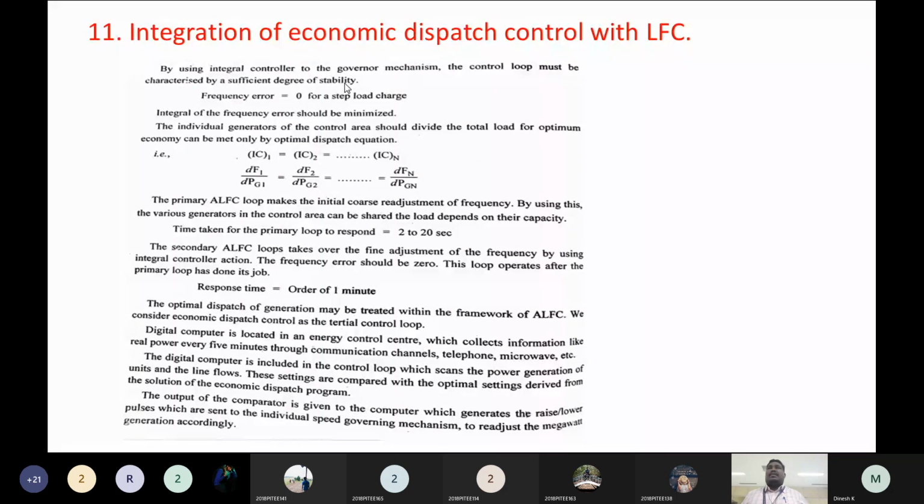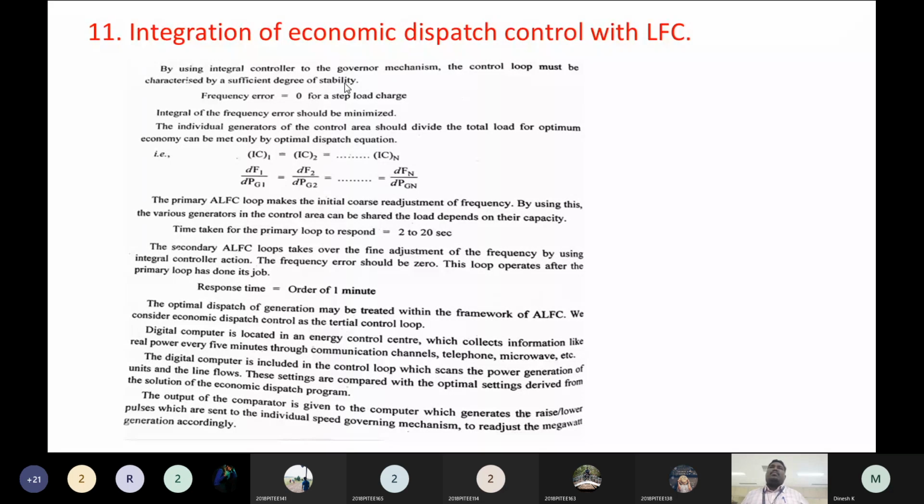So how is it integrated? So IC1, IC2 will vary up to so many times. So the IC1 is economic dispatch. So integration is nothing but dF1 by dPG1, and second system is dF2 by dPG2. The system is continuous up to dFN by dPGN.